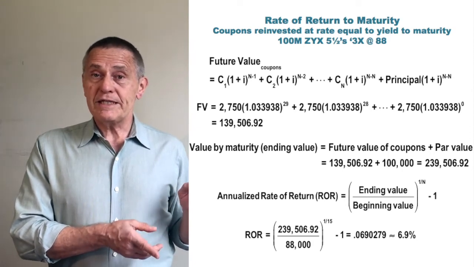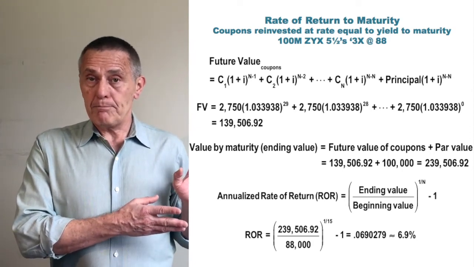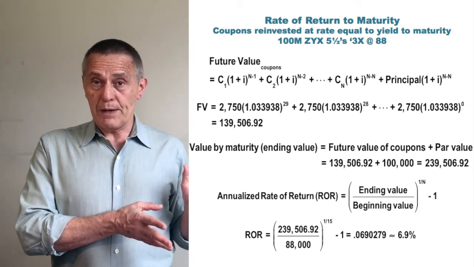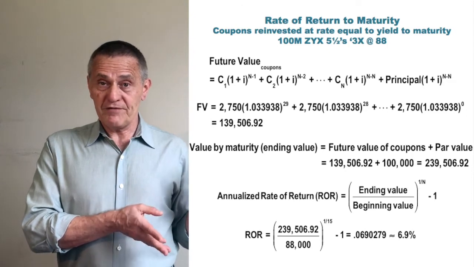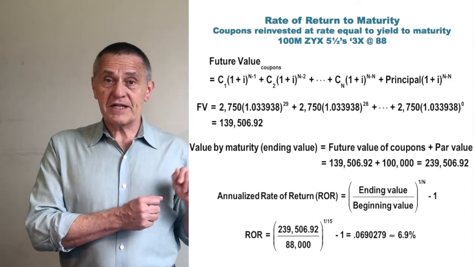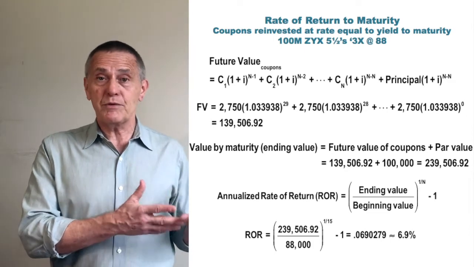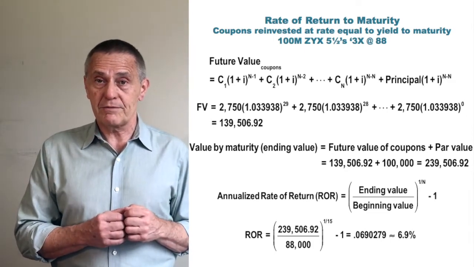Without reviewing it in detail, the top portion of the exhibit shows what would be the future value of the coupons, that is the coupons plus reinvestment income, if all the $27.50 semi-annual payments were reinvested at a periodic rate equal to that 6.79%.